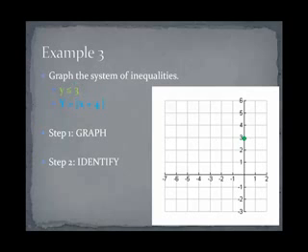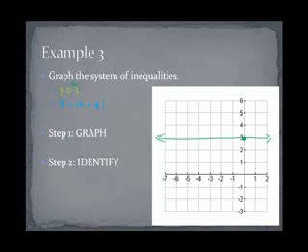Now, is it a solid line or a dotted line? Once again, we have a solid line with that equals to. So I draw my horizontal line right in here at y equals 3 with a solid line. Then I ask myself, which side of the line do I shade? Well, you can logic it out and say, we want everything less than that, or we can just test another point, which is what I'm going to do.